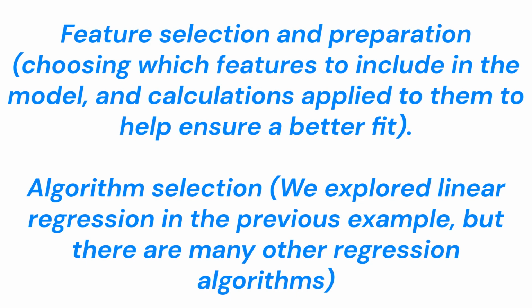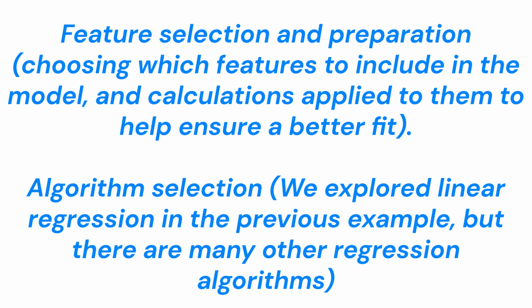Iterative training. The metrics described above are commonly used to evaluate a regression model. In most real-world scenarios, a data scientist will use an iterative process to repeatedly train and evaluate a model, varying feature selection and preparation, choosing which features to include in the model, and calculations applied to them to help ensure a better fit.